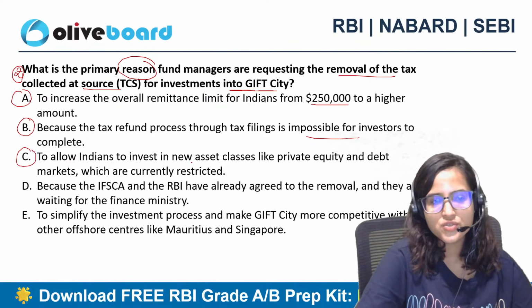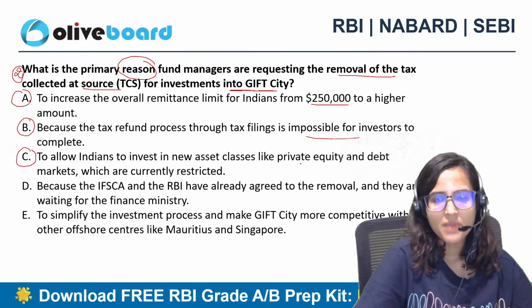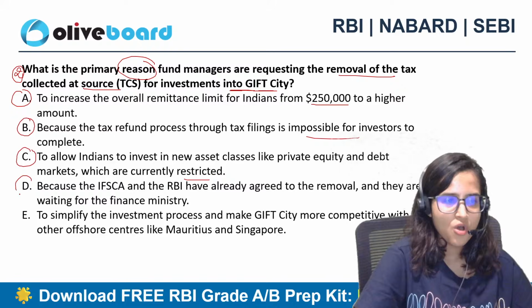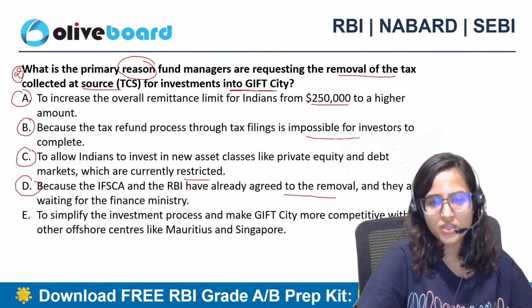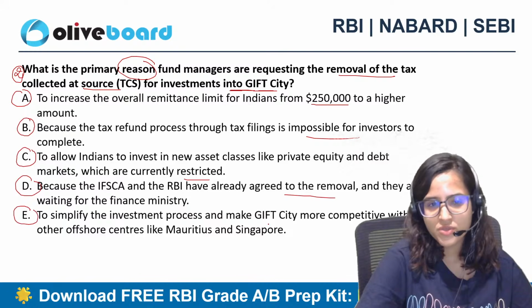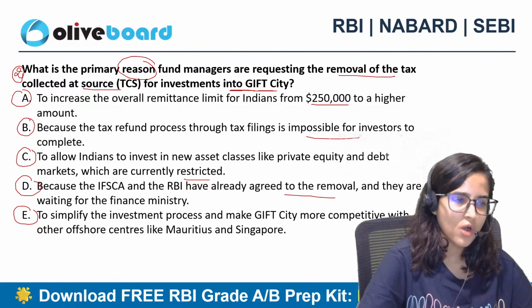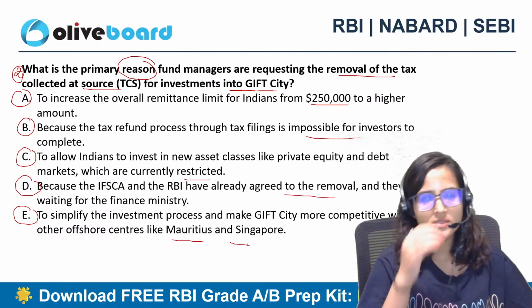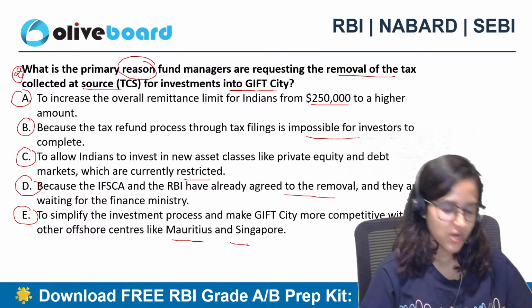C, to allow Indians to invest in new asset classes like private equity and debt markets, which are currently restricted. D, because the IFSC and RBI have already agreed to the removal and they are waiting for the finance ministry to simplify the investment process and make Gift City more competitive with other offshore centers like Mauritius and Singapore. So, what is the major reason?